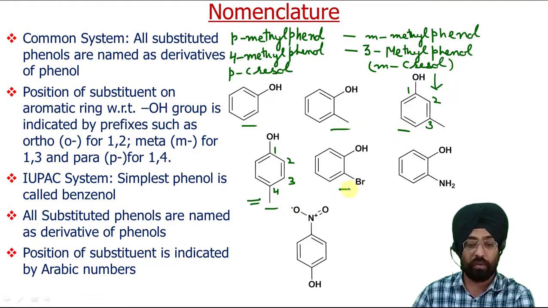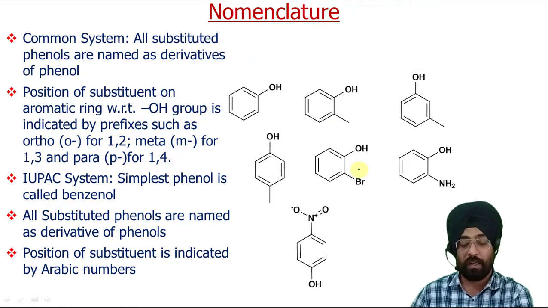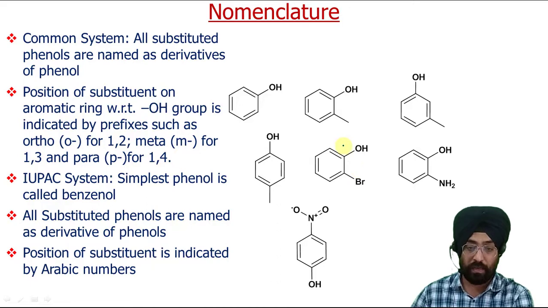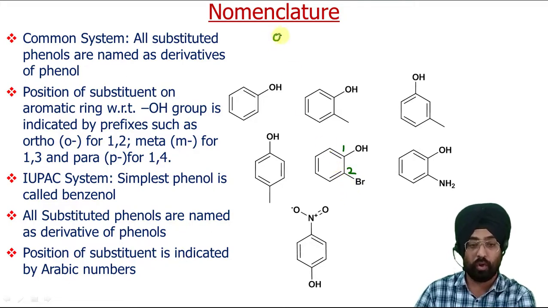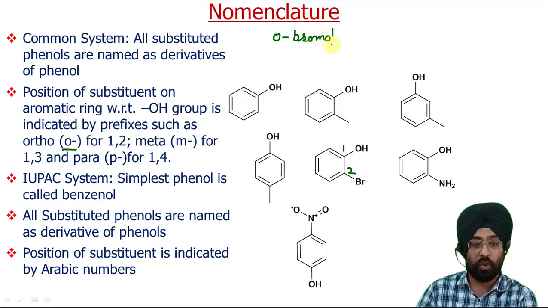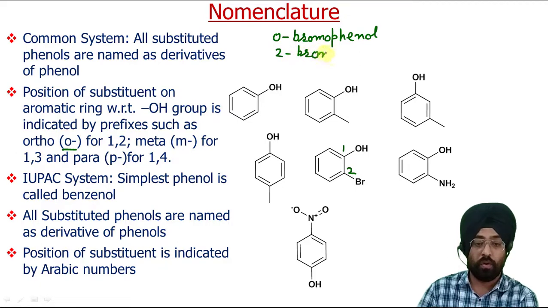Now let us move to next compound. What will be its name? So first I will erase this thing. So now let us move to this. So again 1 2, we have a bromine at second position. So in a common name it is 1 2 disubstituted, so we use ortho. So it is ortho, and for ortho we use this O, ortho bromo phenol. In IUPAC name it will be 2 bromo phenol.